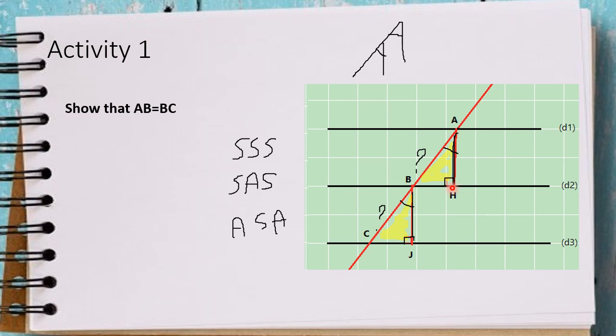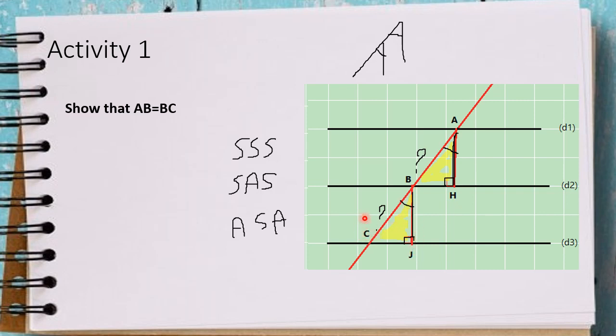Yes, these are right triangles, but we cannot use the hypotenuse and the angle or hypotenuse and a side, because the hypotenuse is what we are going to prove. We would need the hypotenuse in this triangle to be equal to the hypotenuse in this triangle, so I cannot use it in order to prove it. That is why we used angle, side, angle.